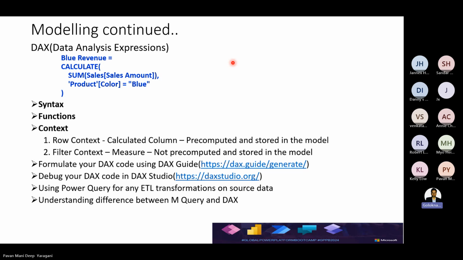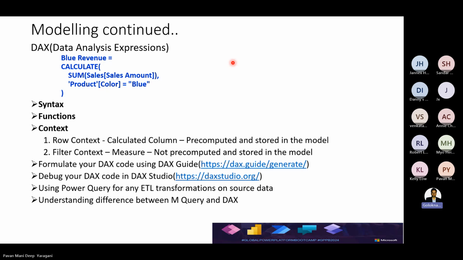Here the function is CALCULATE. Then you need to write the context. Context is nothing but your actual data. Here the sales amount is the data, and the product color is the data. So you need to fill in those values. That's it, and your data analysis expression is okay.